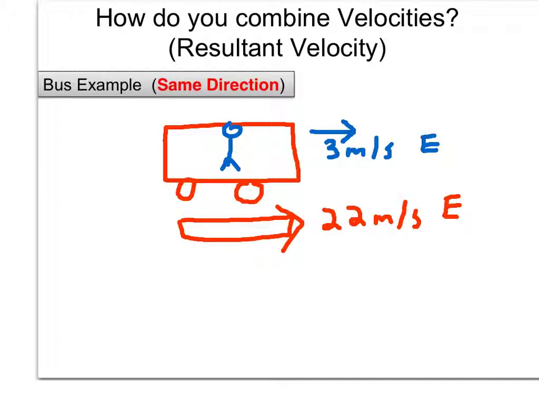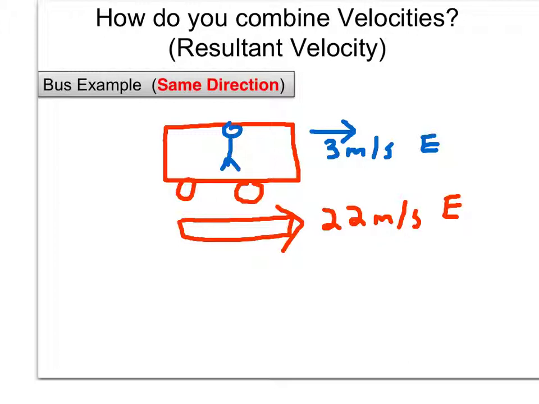Well, that velocity is being compared to the bus, not the ground. So the first velocity is the bus's velocity compared to the ground. This velocity is the person's velocity compared to the bus.